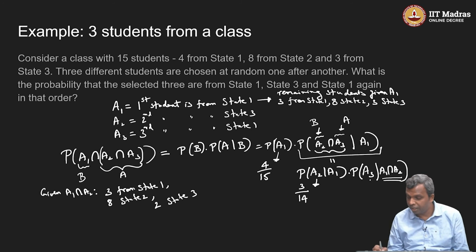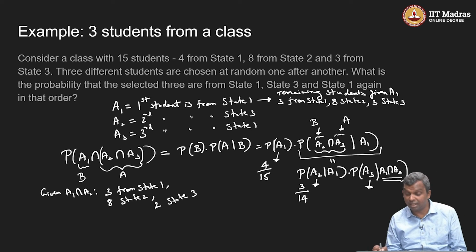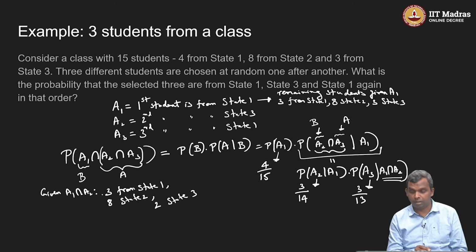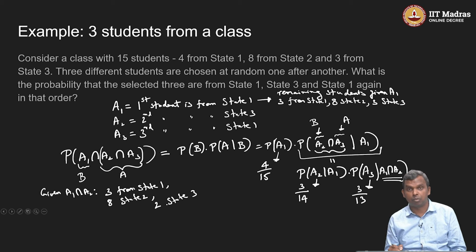And what's your probability of that? Probability of A3, which is picking someone from state 1, given that the first 2 were picked from state 1 and state 3, it's 3 out of 13, isn't it? 3 out of 13 in total. So that's the answer. Okay.